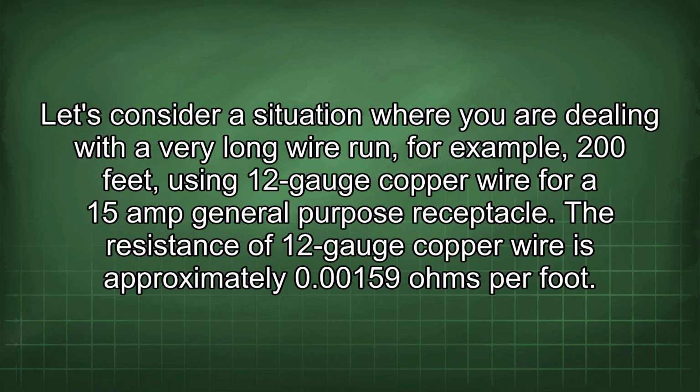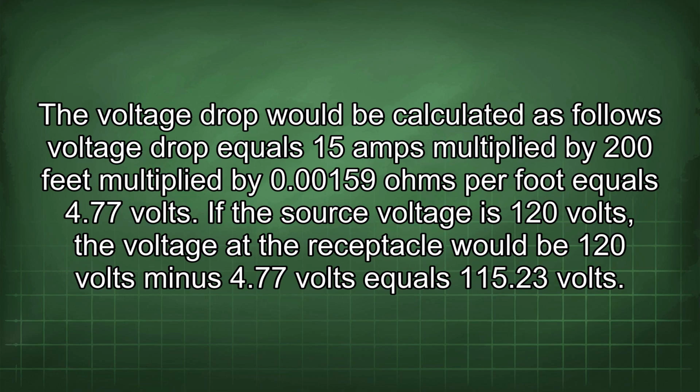Let's consider a situation where you are dealing with a very long wire run, for example, 200 feet, using 12-gauge copper wire for a 15-amp general-purpose receptacle. The resistance of 12-gauge copper wire is approximately 0.159 ohms per foot. The voltage drop would be calculated as follows: voltage drop equals 15 amps multiplied by 200 feet multiplied by 0.159 ohms per foot equals 4.77 volts.